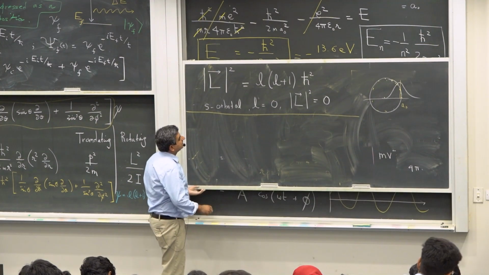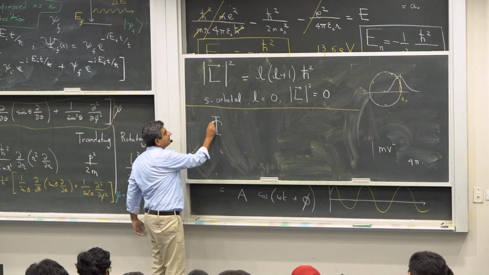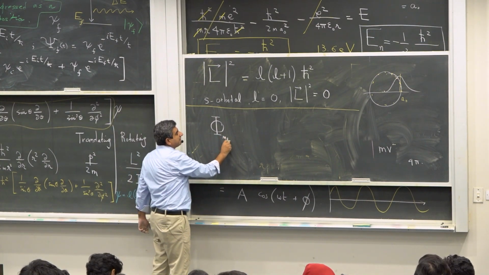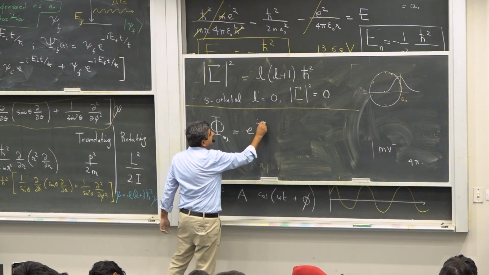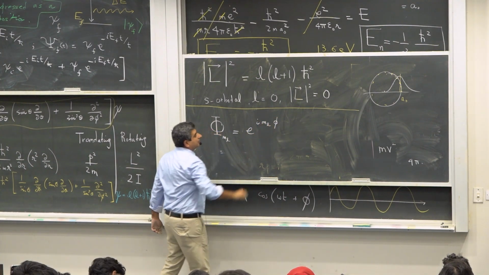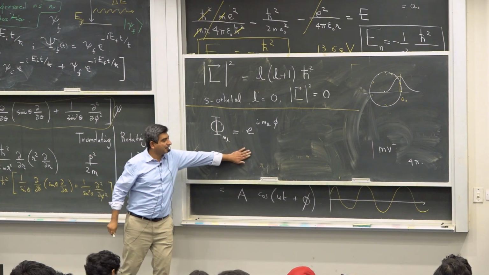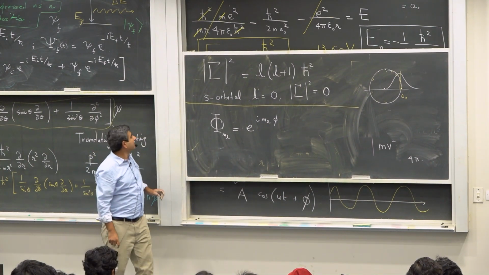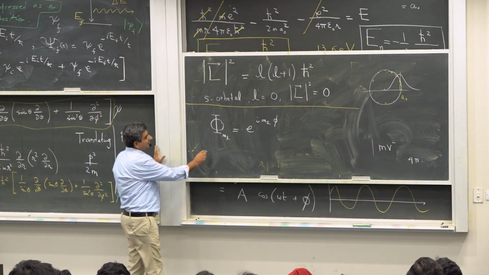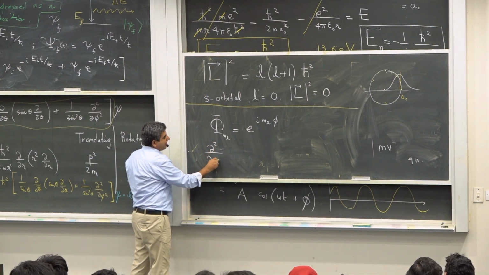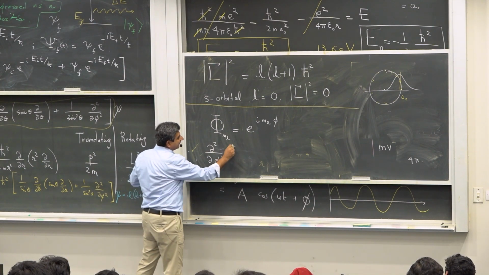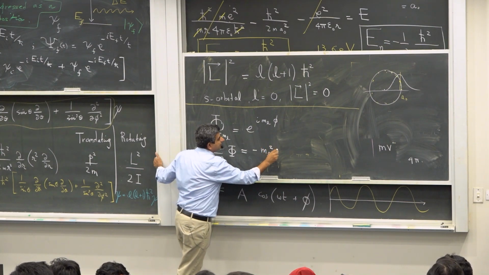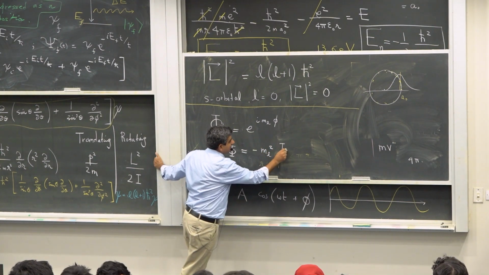So if I do know that my azimuthal wave function depends only on ml and is equal to e to the i ml phi, all right, so if I were to take the second derivative with respect to phi of this function, I will get minus ml square times the function.